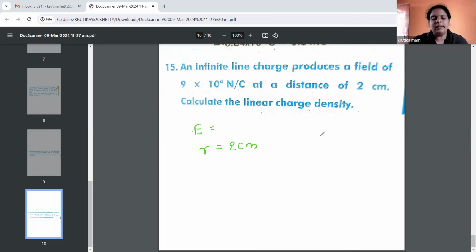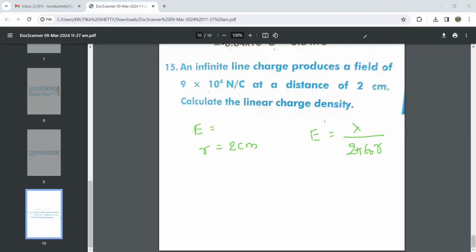Calculate the linear charge density. This is based on yesterday's application of Gauss law. The electric field intensity is given by lambda divided by 2 pi epsilon naught into R.